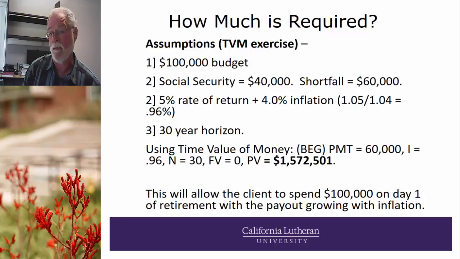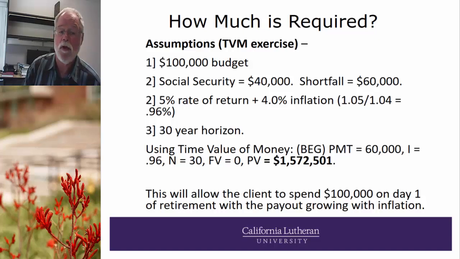Like I said, we make an assumption with respect to the inflation rate. We're going to use a 4% rate for a retiree, and we're going to assume a conservative return of 5%. So at the end of the day, our real return is slightly less than 1%. And we're going to assume a 30-year horizon. Remember with time value of money, we have to use a beginning function, and we plug in $60,000 as our payment on day one.